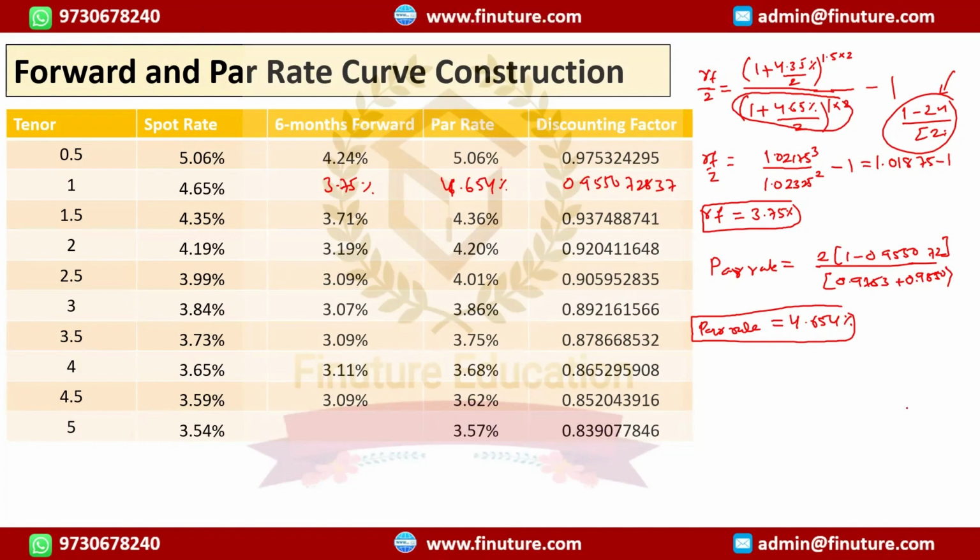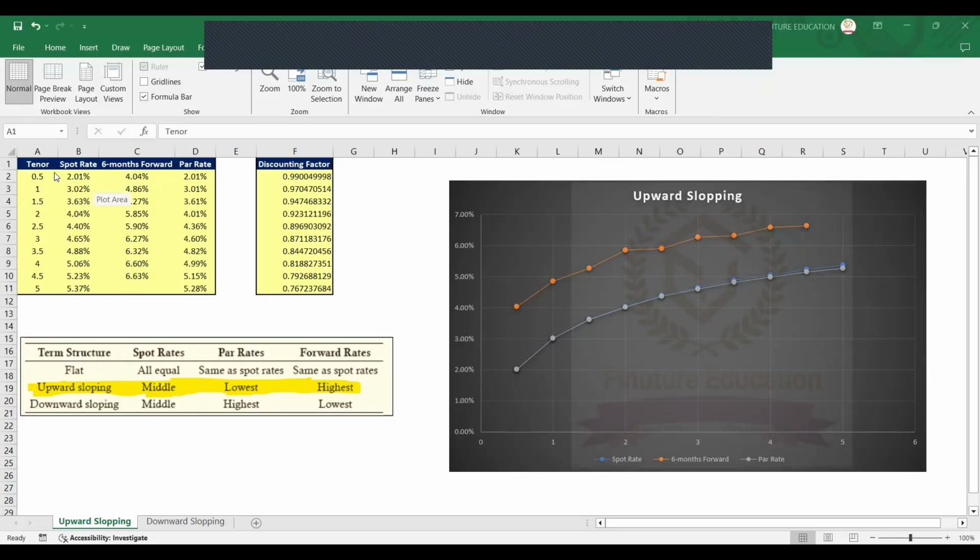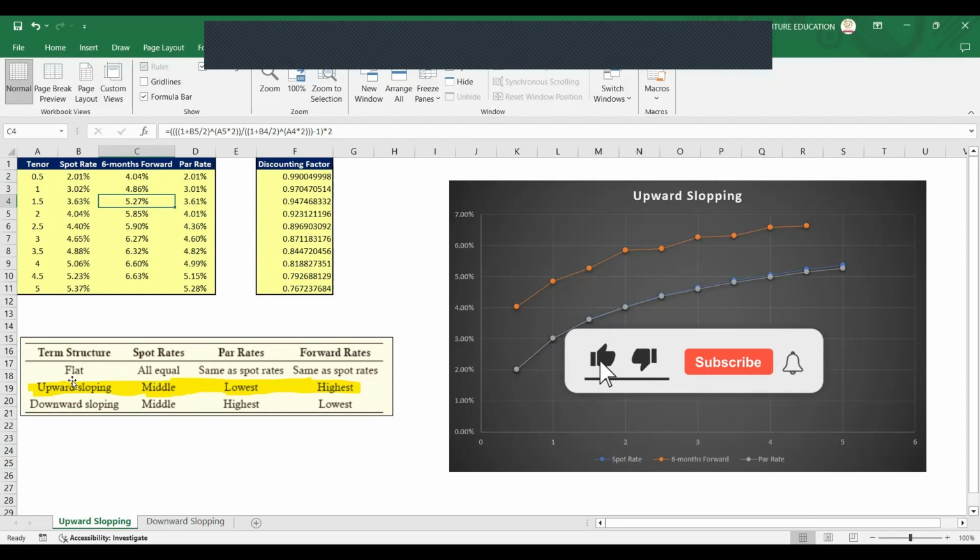So let's see how the relationship between these looks. This is what you see. The remaining part has been calculated in Excel, and the same Excel was imported into your PowerPoint. If you look at the curves, the spot curve is increasing with increasing tenor.